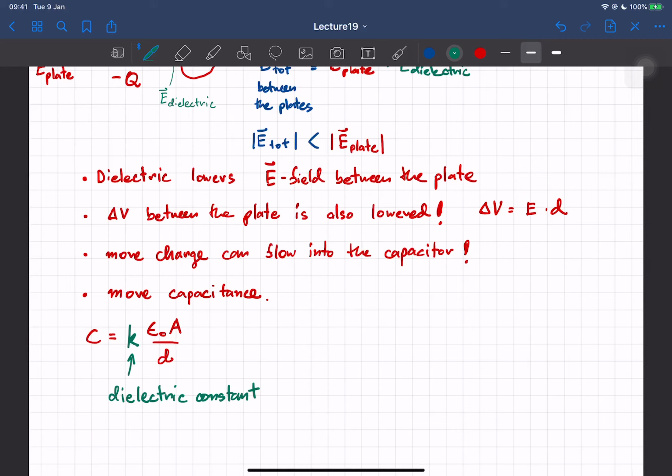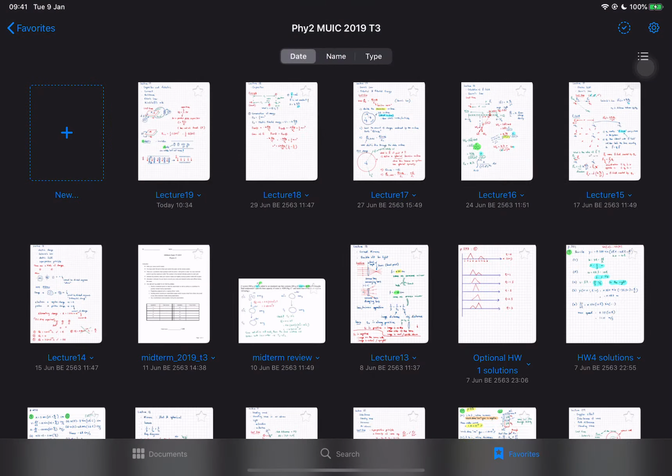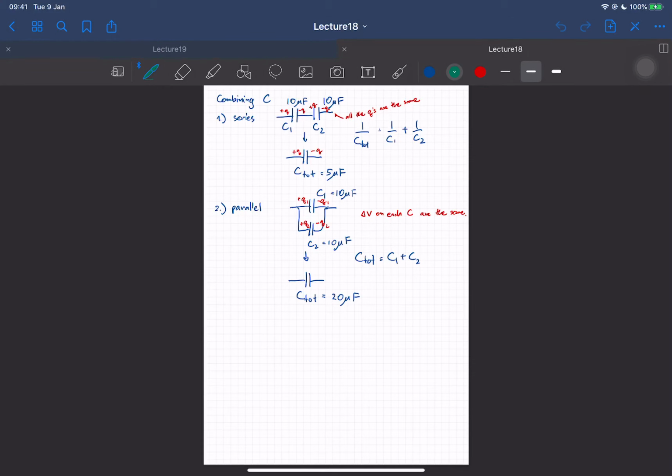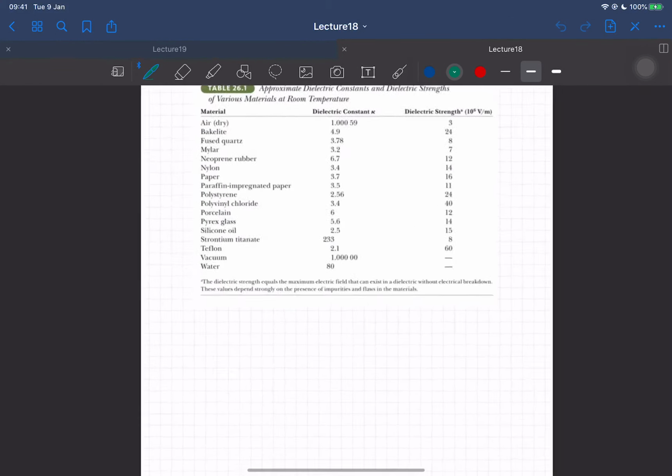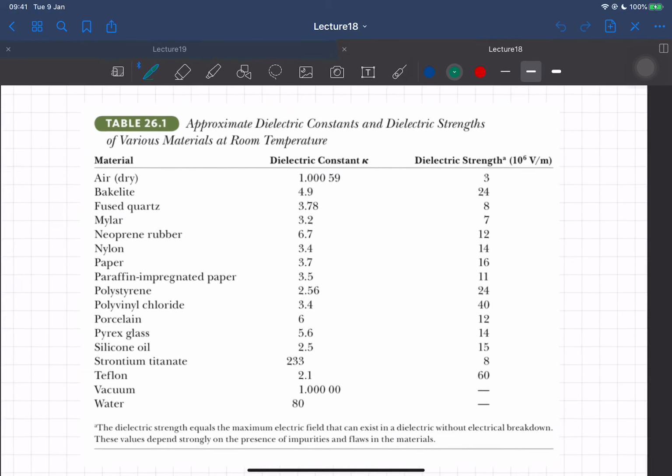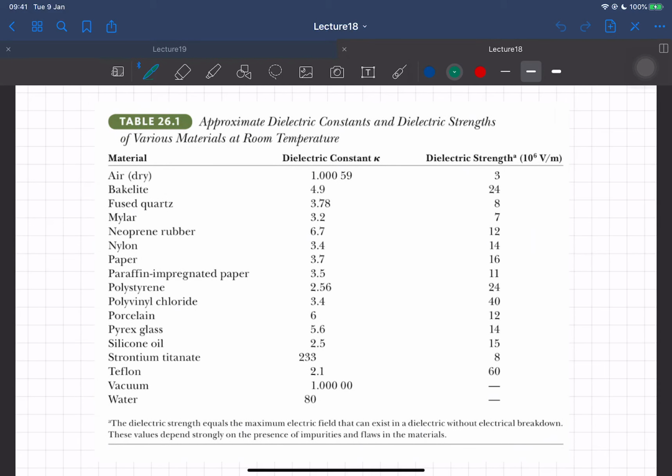So what kind of material gives you what dielectric constant? You have to look into the table, and this you need to go back to last lecture. In the last page of lecture 18, you're going to have this table which is a bunch of materials with this dielectric constant K, and you're going to see that air is very close to 1.